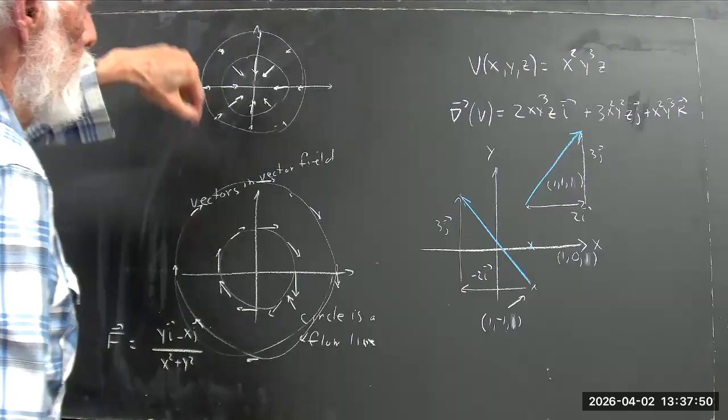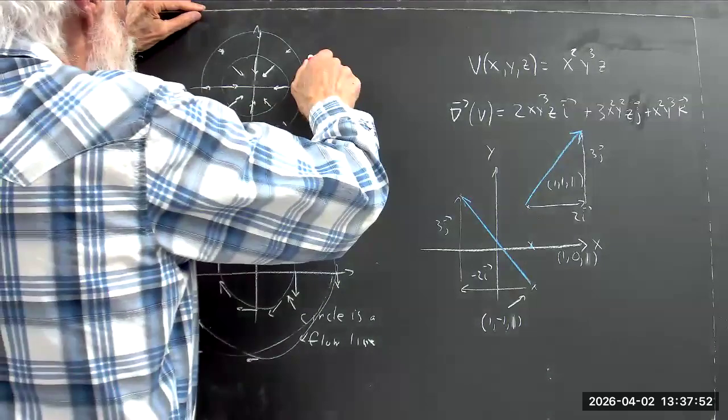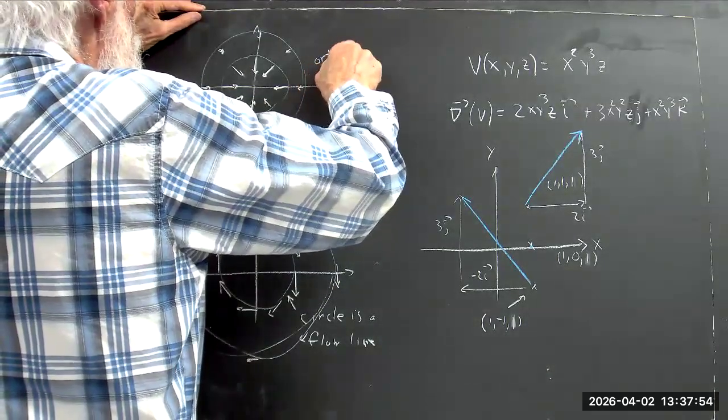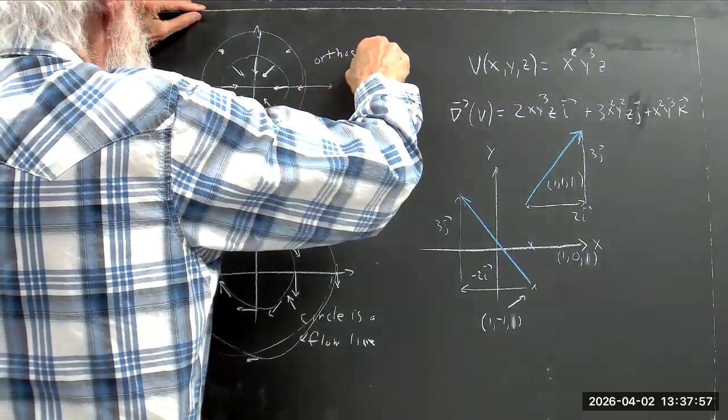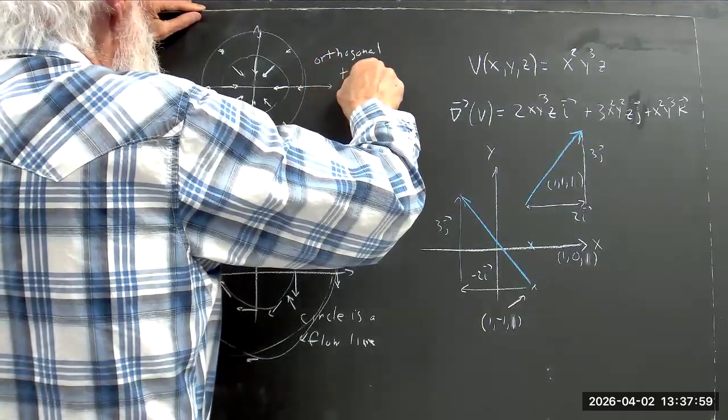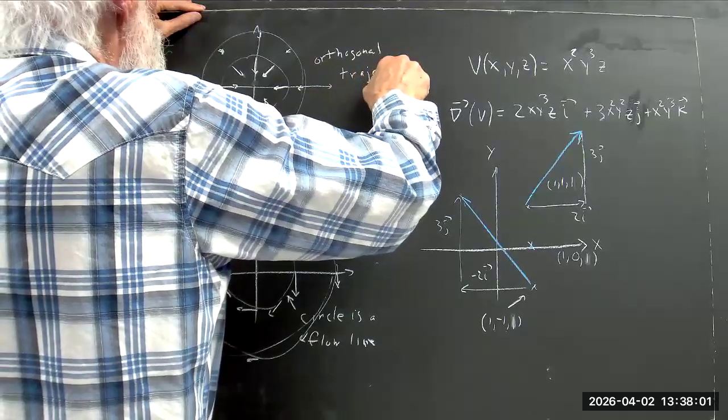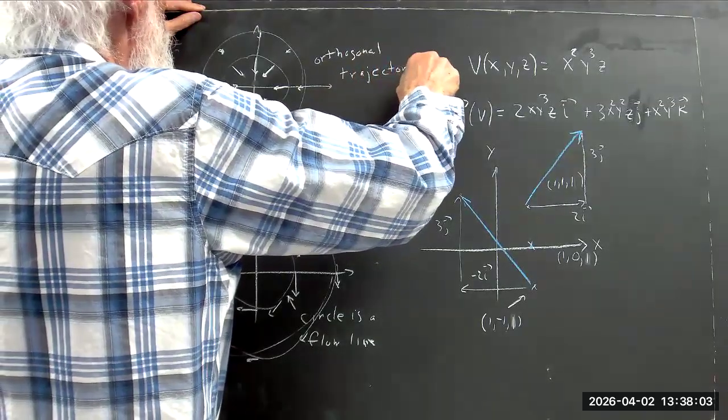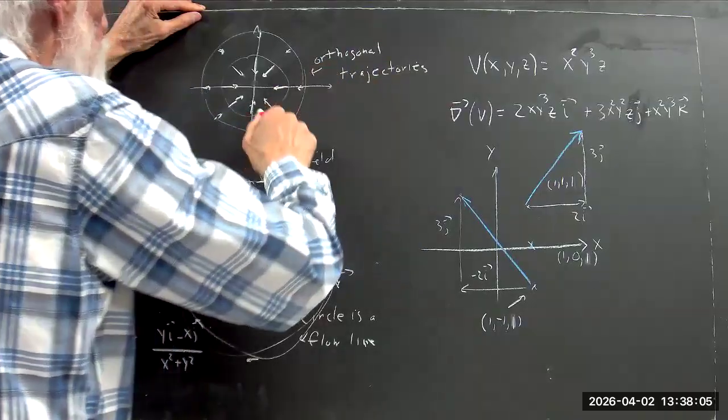In this case, we call these circles orthogonal trajectories.